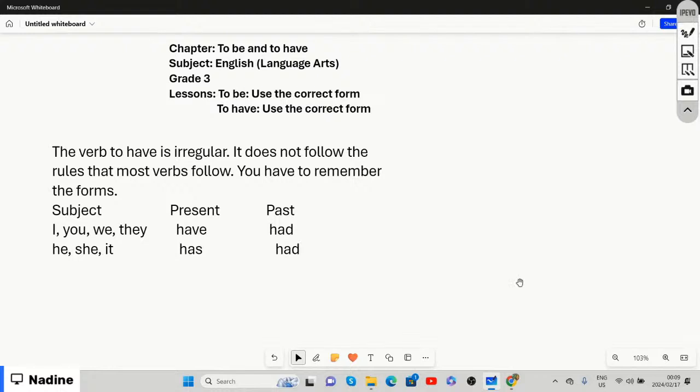And then if we use the subject, for example, he, she, or it, which is singular, then in the present we use he has, she has, or it has. And in the past, we'll say he, she, or it had.